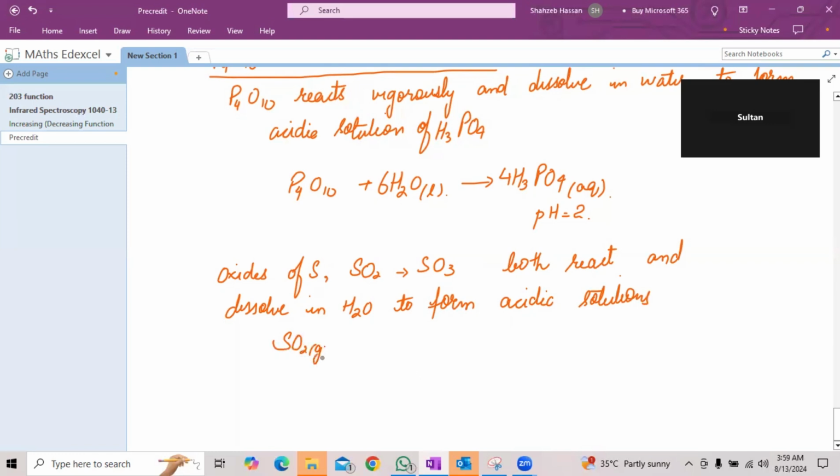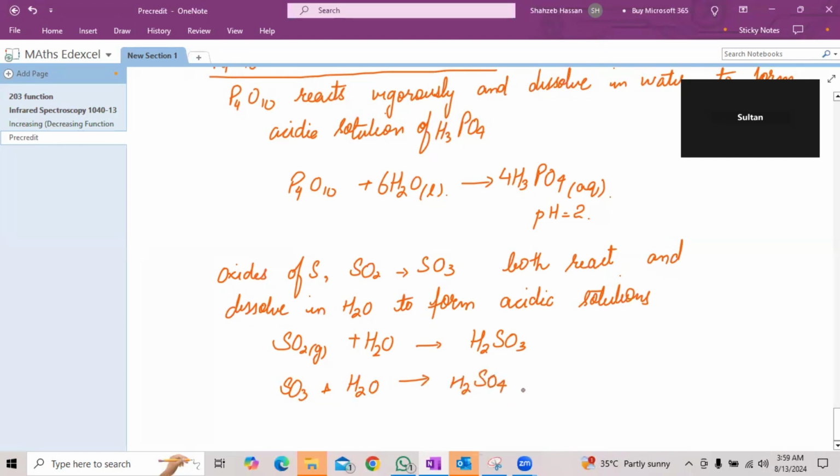SO2 gas plus water forms sulfurous acid. And sulfur trioxide also reacts with water and forms sulfuric acid.